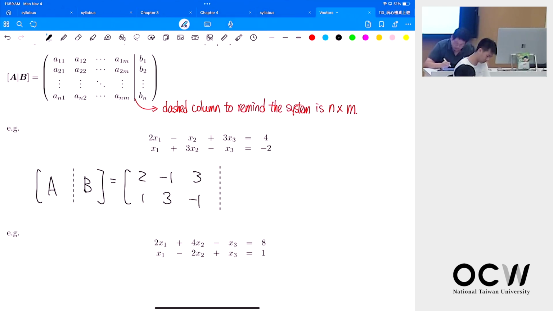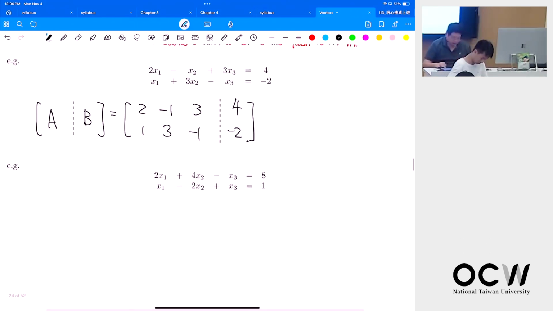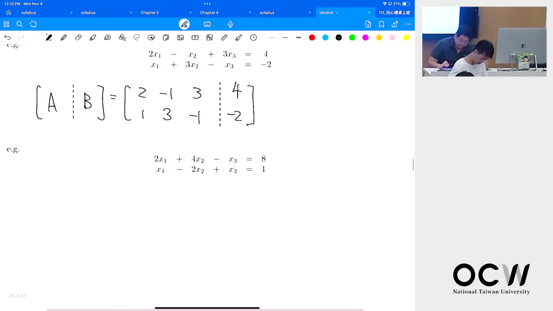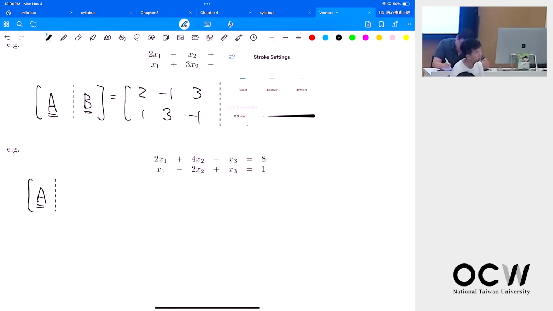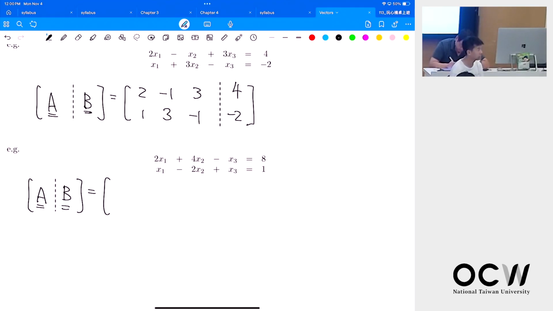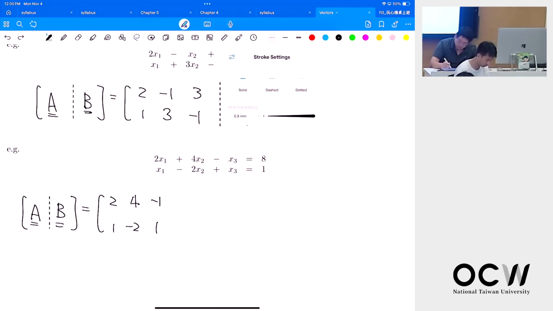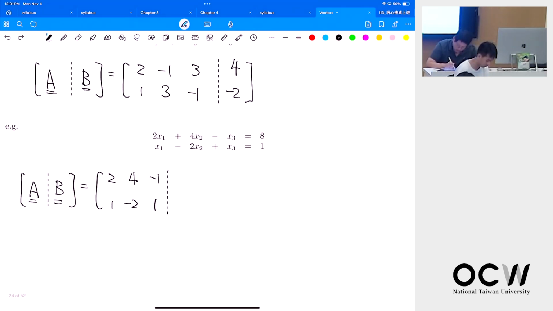And here B is 4, 2, minus 2. Next example. A and B: 2, 1, 4, minus 2, minus 1, 1. And then B is 8, 1.